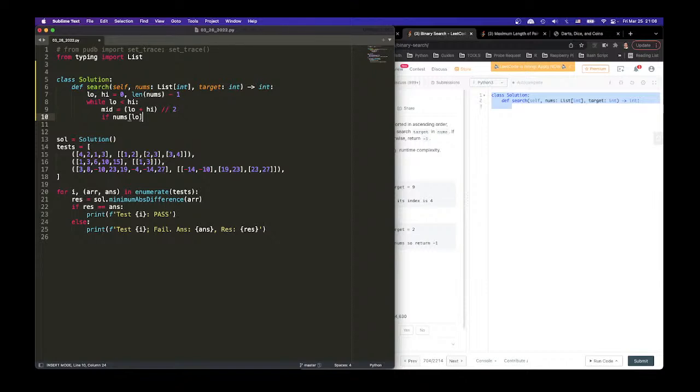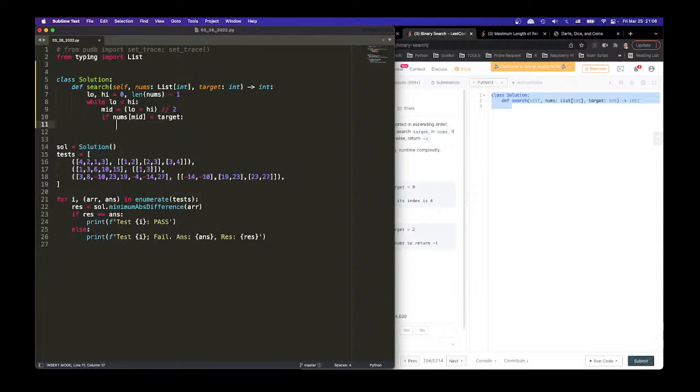I think if nums mid is smaller than target, then low shall equal mid plus 1.